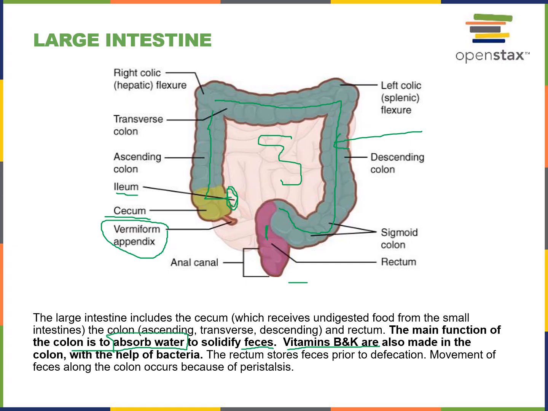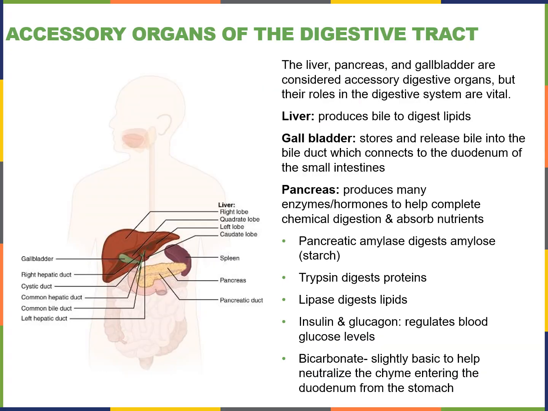The food shouldn't necessarily pass very quickly through this passageway. It should take its time to allow the microorganisms to do their part for us, and then it can leave. The rectum stores feces prior to defecation, and of course the movement, the propulsion, is by peristalsis.